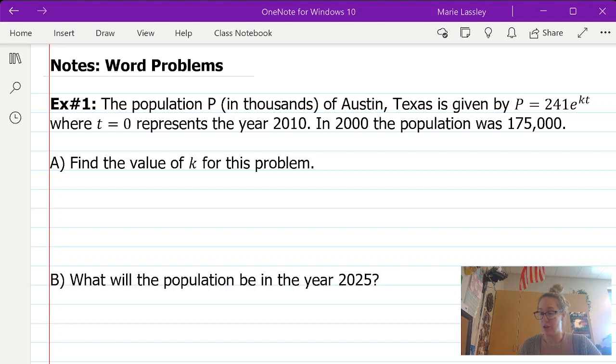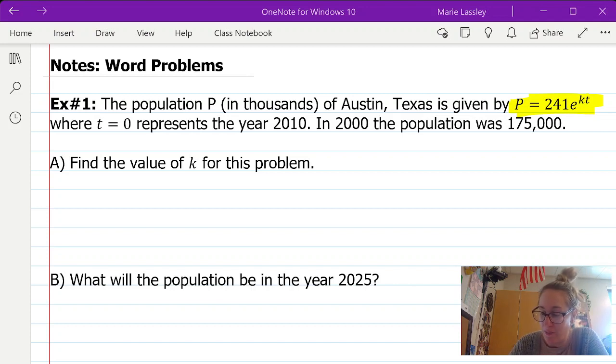The first thing we're going to do is use the information we're given. Looking at the equation, P equals 241 e^(kt).